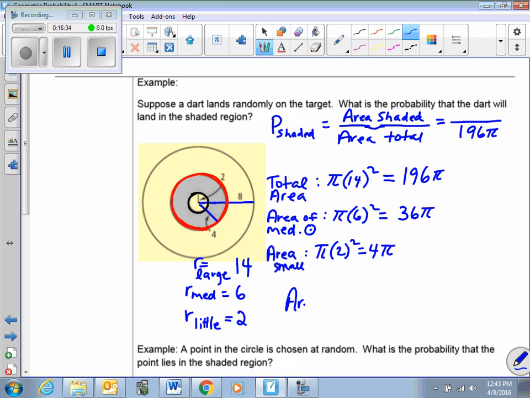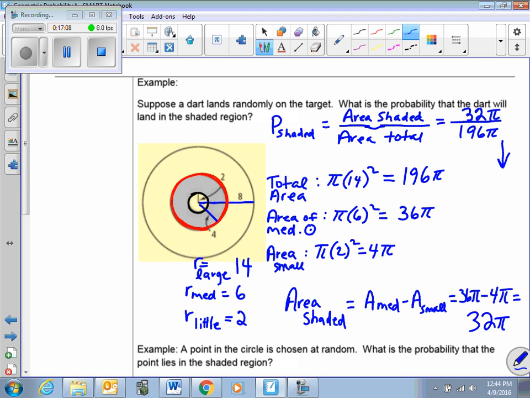The area of the shaded region is medium circle minus the small circle, which is 36 pi minus 4 pi, which is 32 pi. So that's what's going to have to go on the top, right? 32 pi.